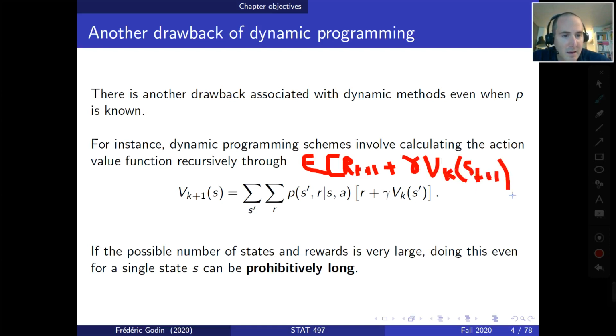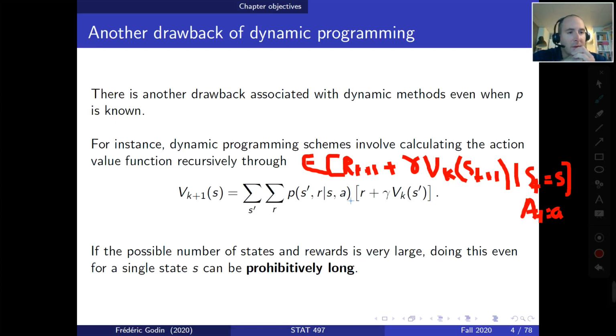So here V_k means the current estimate of the value function, given S_t is equal to S, and given A_t is equal to A also. Okay, so this is the interpretation of the formula below. Because we assume it's for a fixed policy, the action A is fixed.